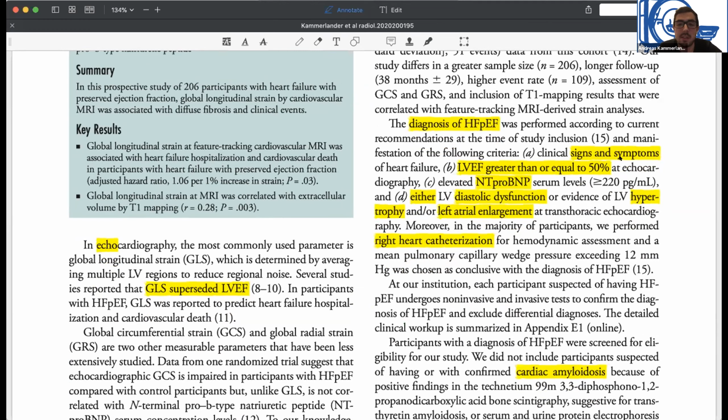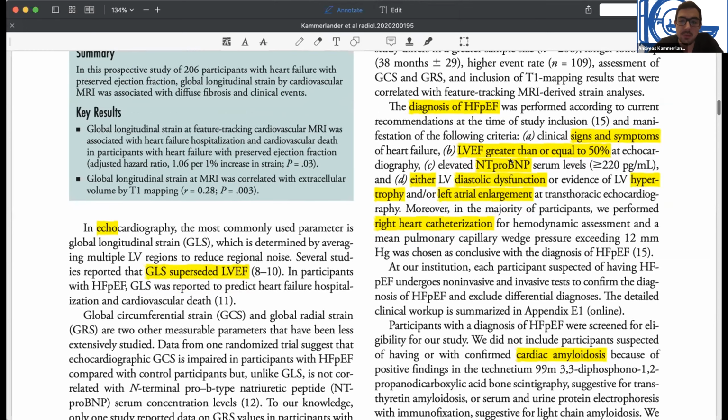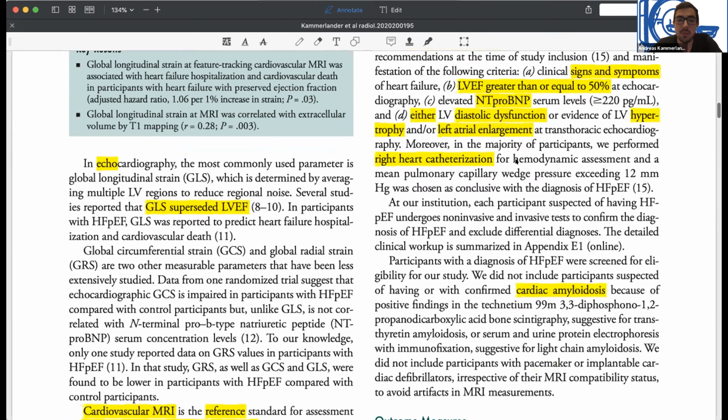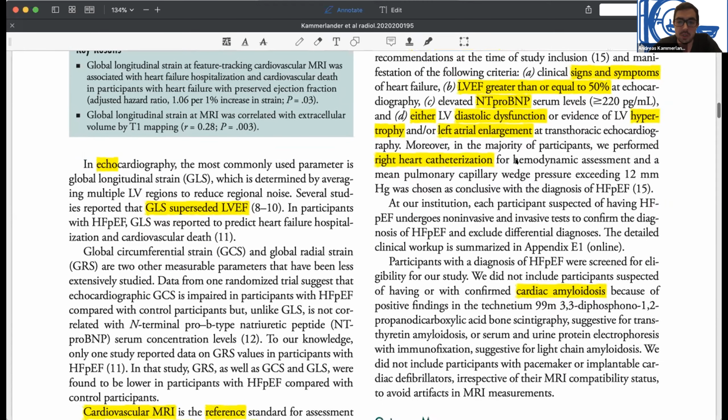You have to have signs and symptoms of heart failure, which is most dominantly leg edema and dyspnea on exertion, ejection fraction greater than 50% on echo, elevated BNP levels, and signs of diastolic dysfunction on echo, or hypertrophy or left atrial enlargement, which is usually always present, at least in those patients referred to us.